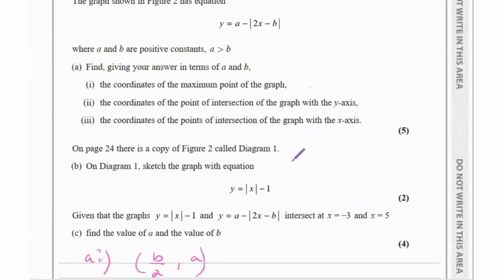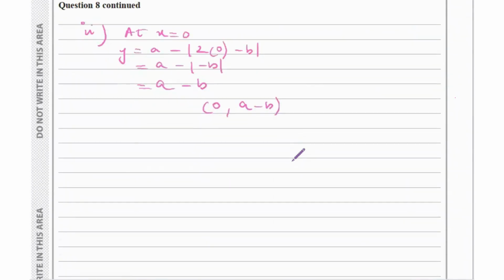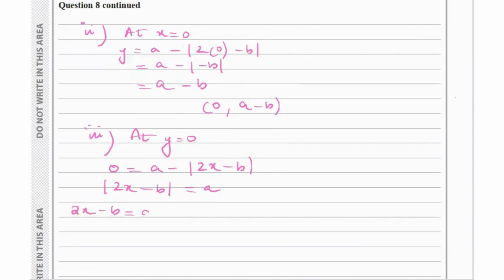Then the coordinates of the points of intersection of the graph with the x-axis, so now y is going to be 0. So 0 equals a minus the absolute value of 2x minus b. The absolute value of 2x minus b equals a. So when we remove the modulus, 2x minus b equals positive a and 2x minus b equals negative a.